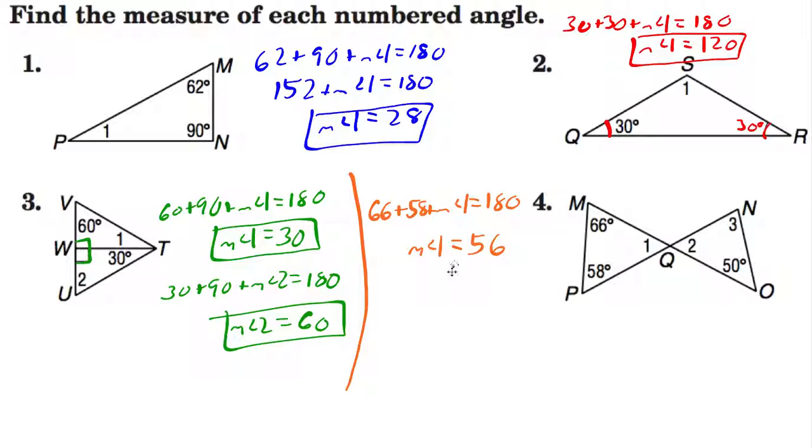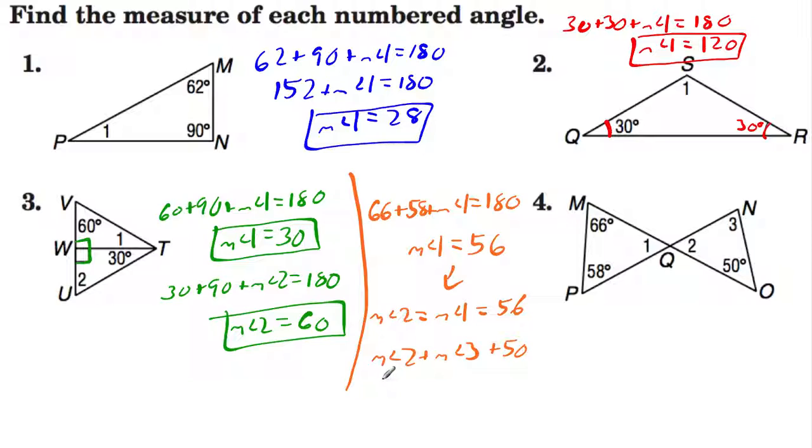So if the measure of angle 1 is 56, I know the measure of angle 2 is equal to the measure of angle 1, which is 56. So I get that the measure of angle 2 plus the measure of angle 3 plus 50 is that second triangle here.